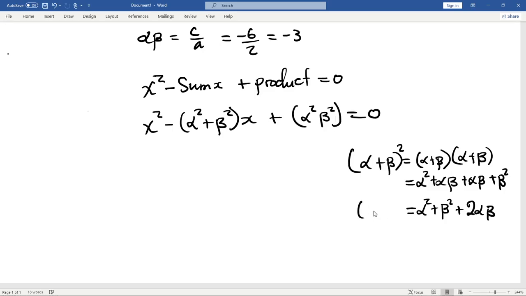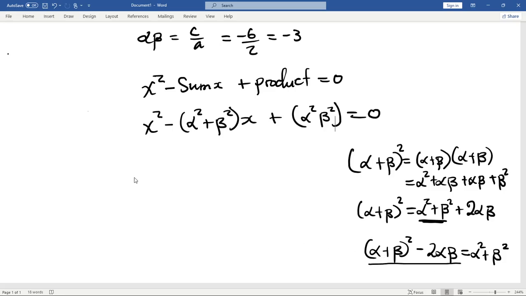So bear in mind, this is still equal to alpha plus beta squared. Now, we're looking for alpha squared plus beta squared, so we make this the subject of the formula. We take the 2 alpha beta to the other side of the equation. So we have alpha plus beta squared minus 2 alpha beta is equal to alpha squared plus beta squared. Where there's alpha squared plus beta squared, we substitute this expression.